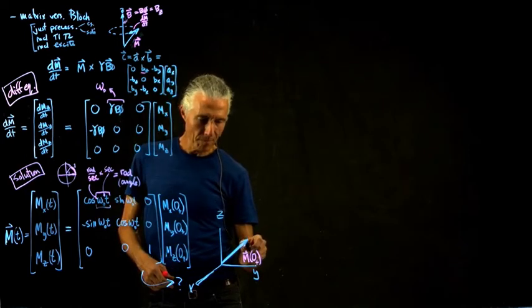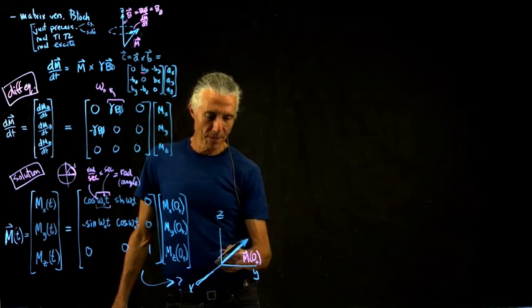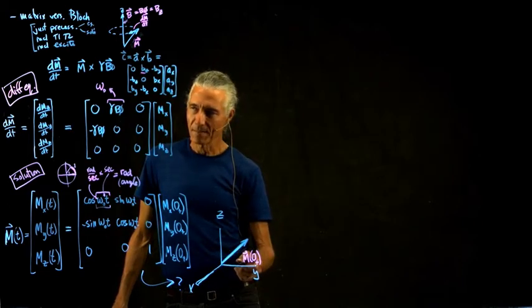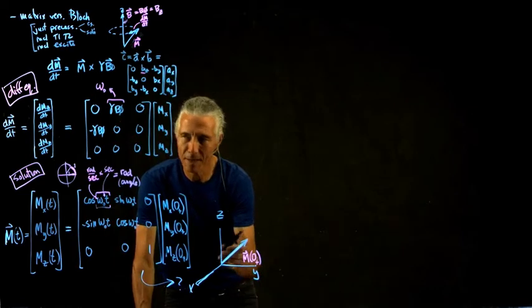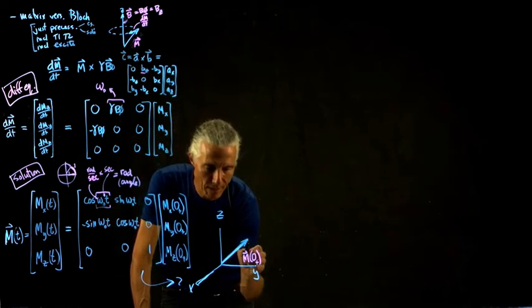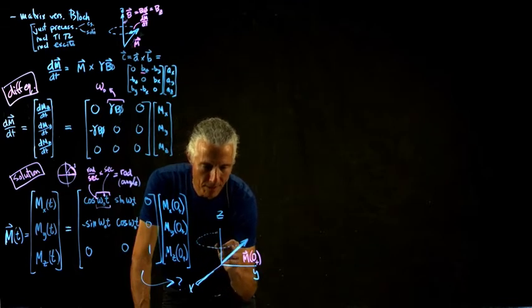So if we assume, just for this particular drawing, that this M0 plus vector is just in the y direction, it's off the xy plane, but it's just pointing in the y direction. So basically, it's going to be precessing around here.